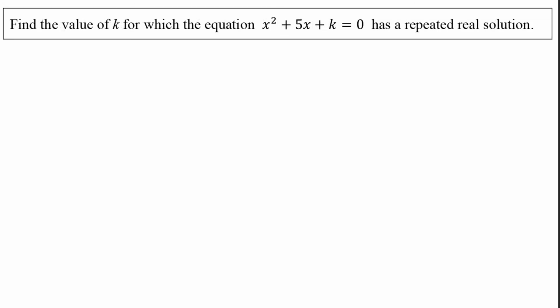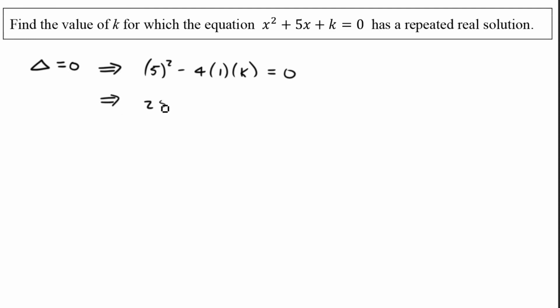Find the value of k for which the equation x squared plus 5x plus k equals 0 has a repeated real solution. So k is a constant which we have to find, and if this quadratic equation has a repeated real solution, then that means that its discriminant is 0. If its discriminant is 0, that means that b squared, b is 5, subtract 4 times a, which is 1, times c, the constant, which in this case is the k we do not know, then that is 0.